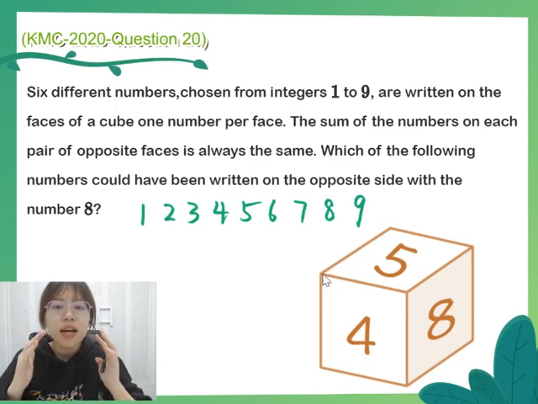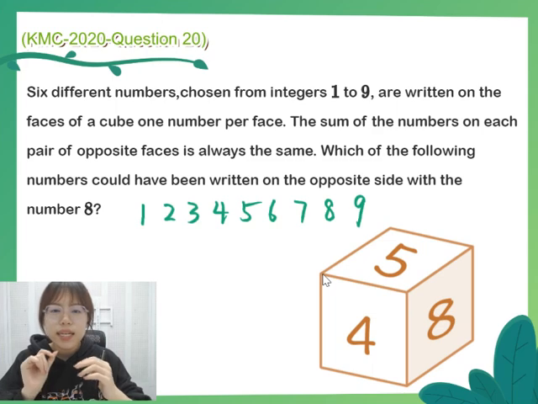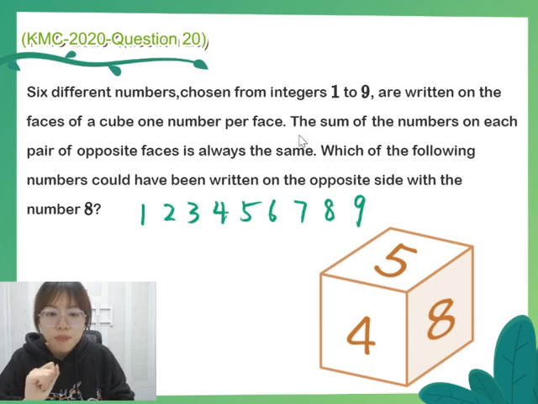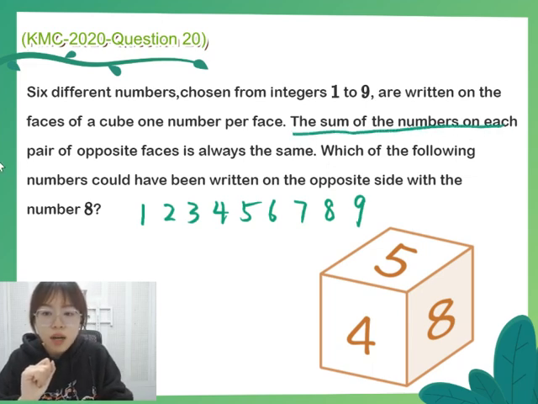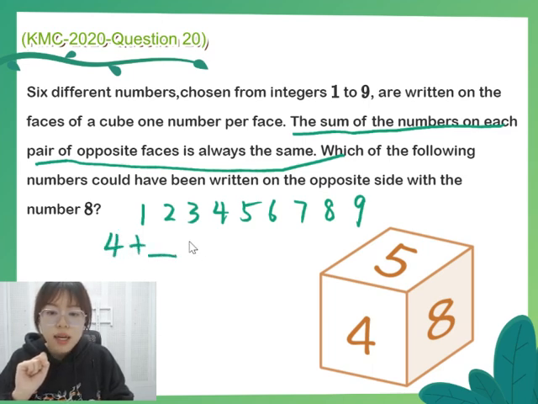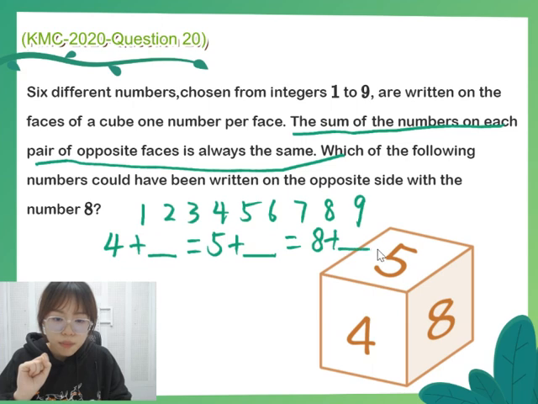If we need to find the answer for every face, it's a little bit hard. But the problem tells us one very important thing: the sum of the numbers on each pair of opposite faces is always the same. And we already know three faces. So that means 4 plus something equals 5 plus something equals 8 plus something.